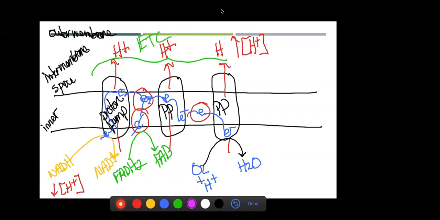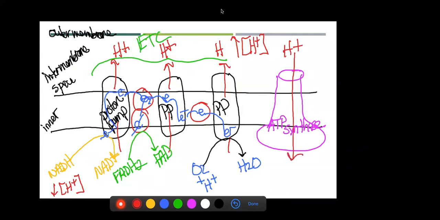And then we're going to have our final piece to our puzzle right here, our ATP synthase, which is what we have been building all of this up for. And as those protons diffuse down their concentration gradient, we are going to make ATP.